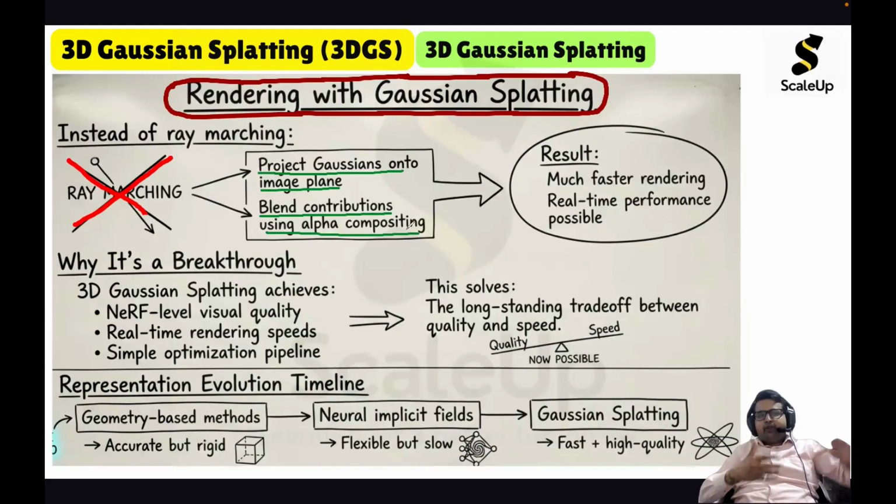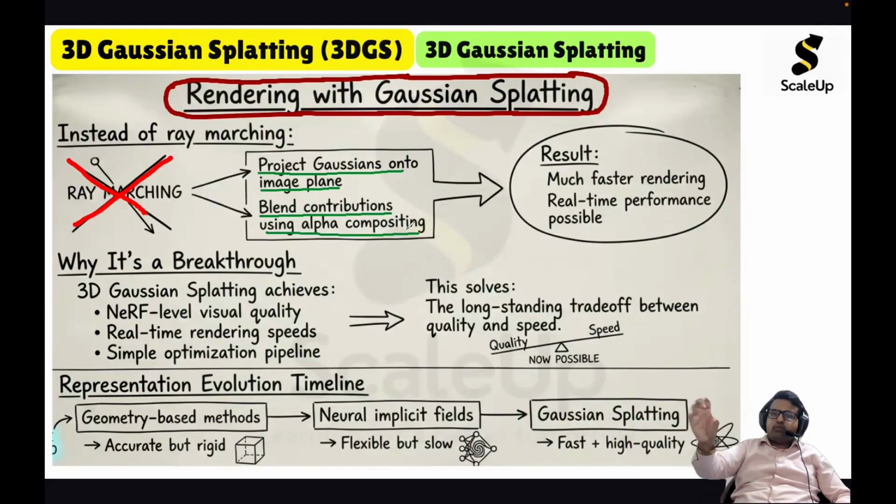Now see, I'll tell you what we are doing. The idea is that we already have that data structure in place, which is representing a scene. Whatever the camera angle is, based on that, we will just project the Gaussians, the 3D splats, using whatever information we have for every splat, to see how it will look from a particular unknown camera angle.